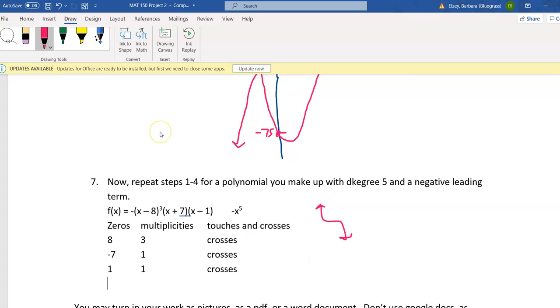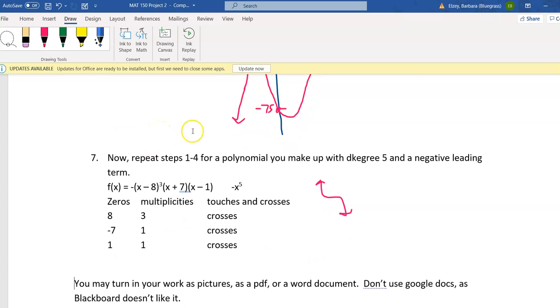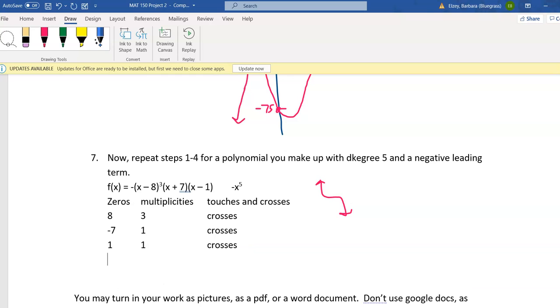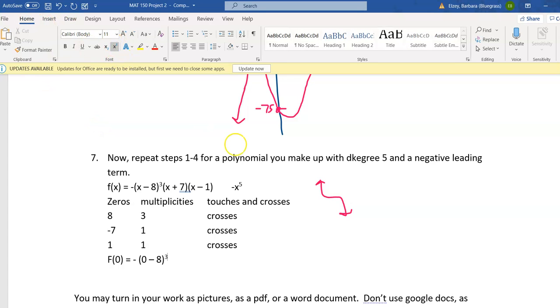All right, so let's get our y-intercept. Putting a 0 in, I'll get negative 0 minus 8 to the third, which is going to give me a huge answer, but that's okay. And then 0 plus 7, and then 0 minus 1. All right, so negative in front.